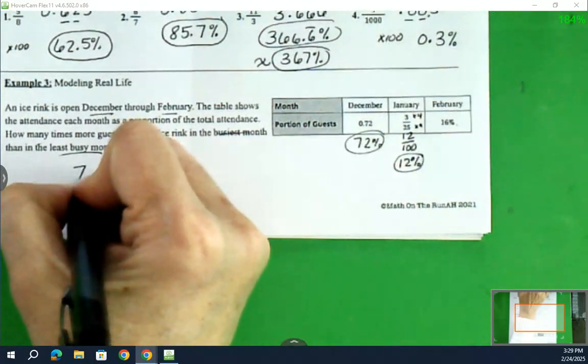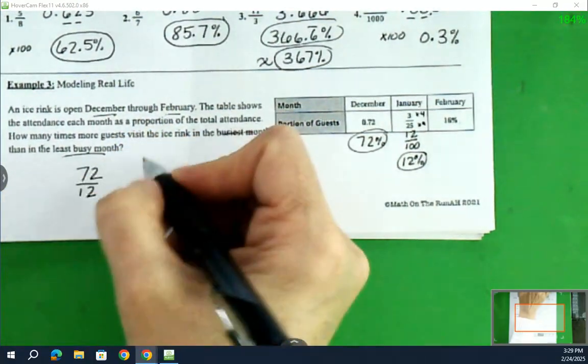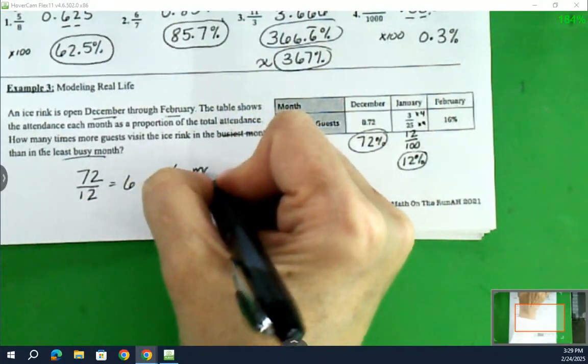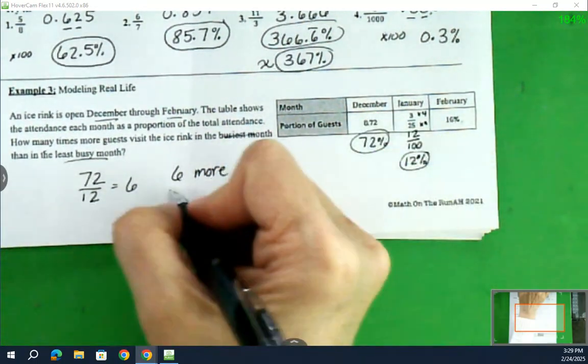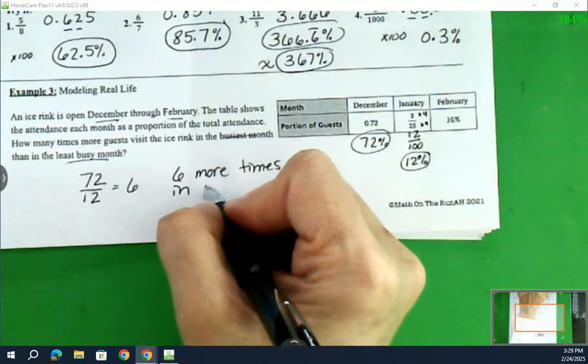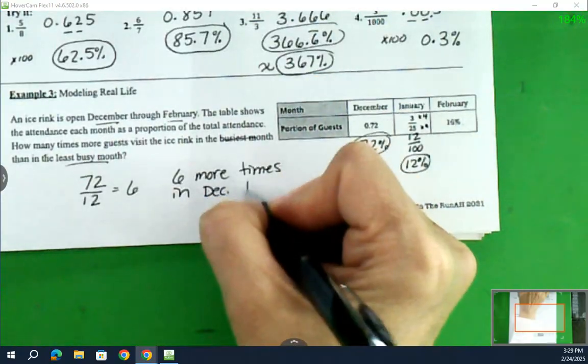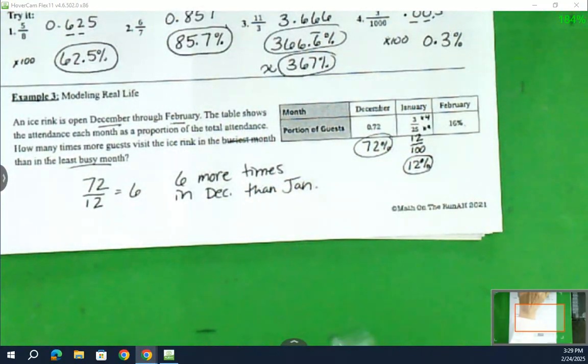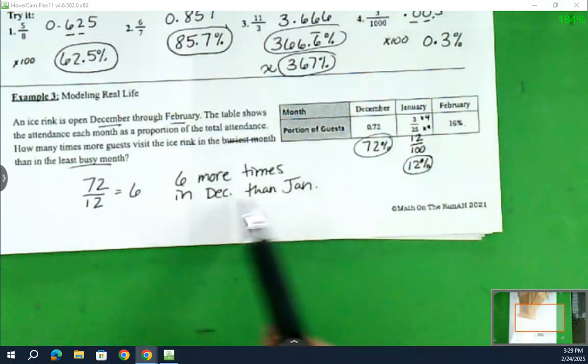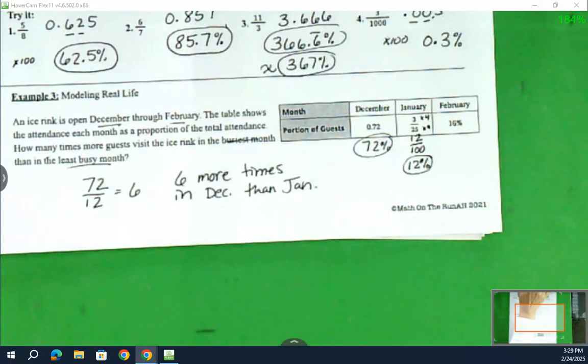So 72 divided by 12 is 6. So it's 6 more times in December than January. And you can double check that. You could do 12 times 6 and you'll get right back to 72. All right, that was your 6.1 notes.